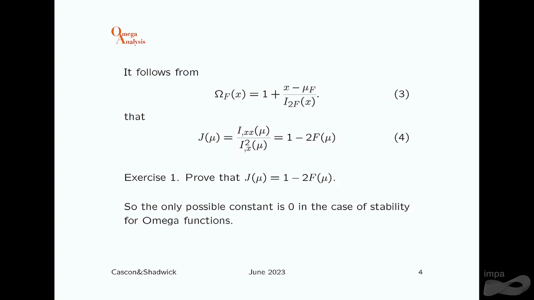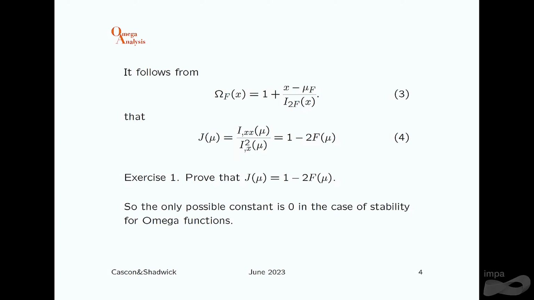Now, it's an exercise to check that the value of J of mu is actually equal to 1 minus 2 times the value of f of mu. You can do that by using this representation of omega. That's the easiest way to do almost all of these properties, is to use that equation. So the only possible constant is 0.